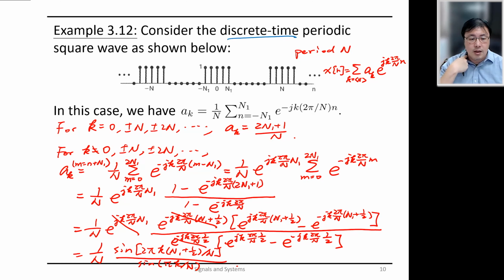Right, so here we have the ratio of two sinusoids.